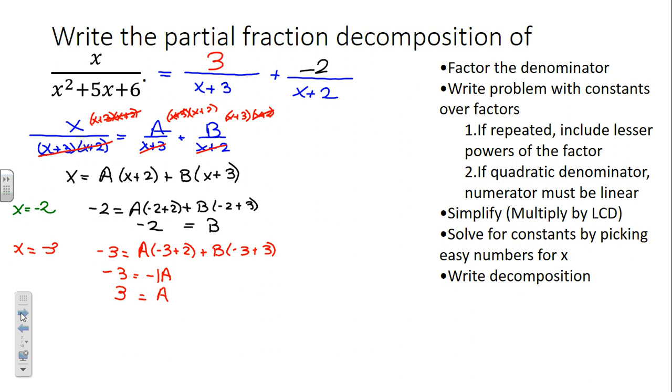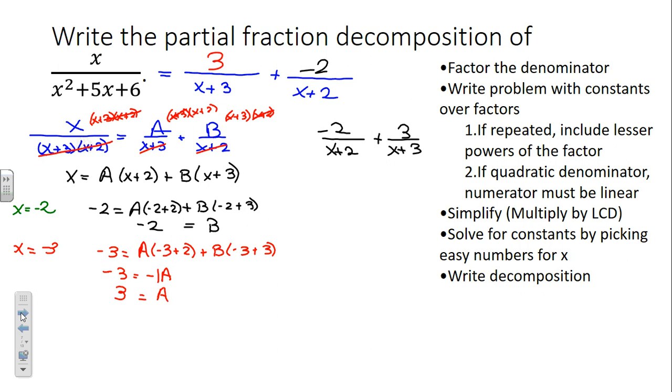All right, did you get 3 over x plus 3 plus negative 2 over x plus 2? Now, depending on how you factored this, you may have factored this as x plus 2 and x plus 3, right? So if you have negative 2 over x plus 2 plus 3 over x plus 3, that's the same thing, isn't it?